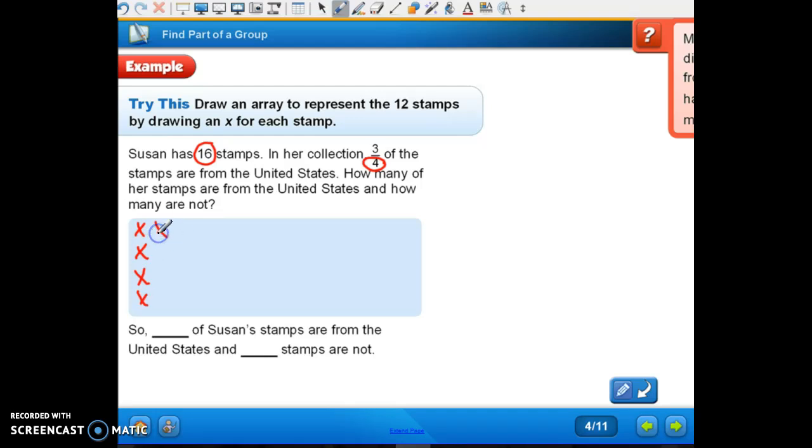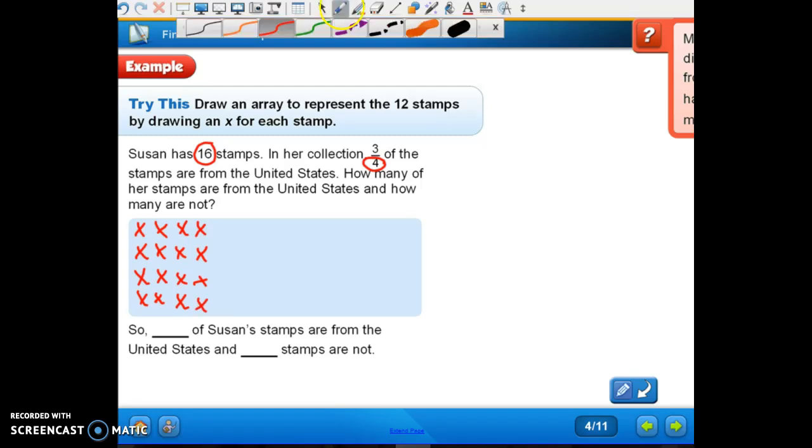So 4 rows each, there's 8, 9, 10, 11, 12, 13, 14, 15, 16 stamps. So you should have an array that is 4 rows by 4 columns.